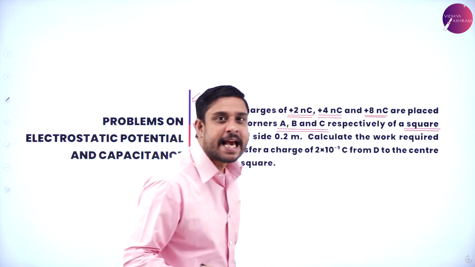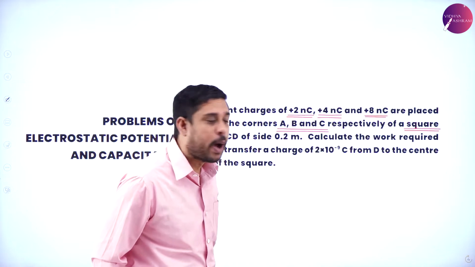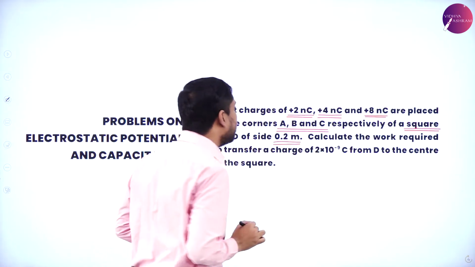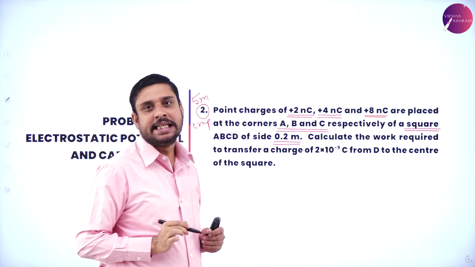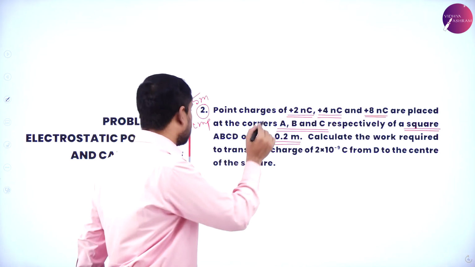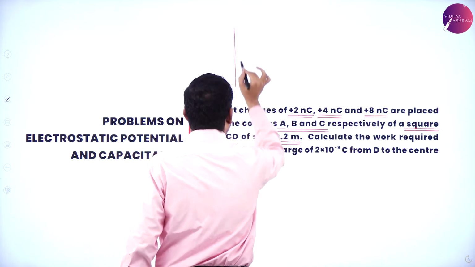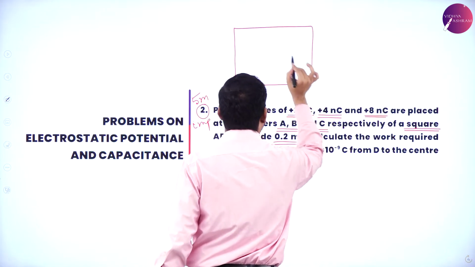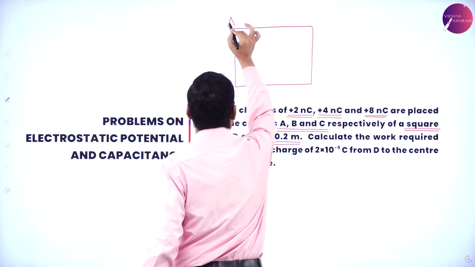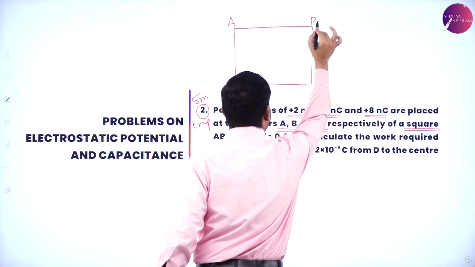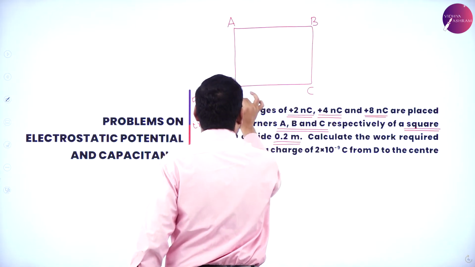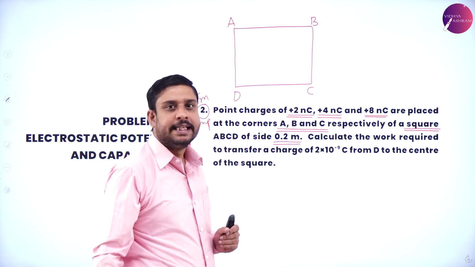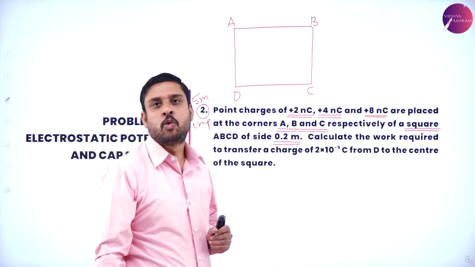The problem says it is a square of side 0.2 meter. So according to the problem, there is a square A, B, C, D. Analyze the problem, what has been given? There is a square.